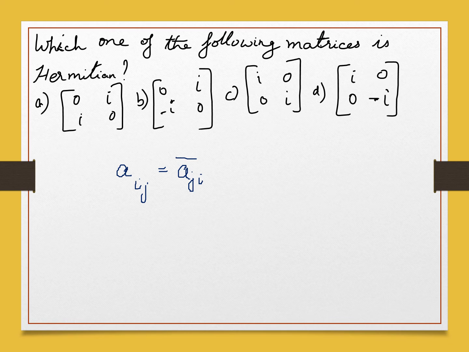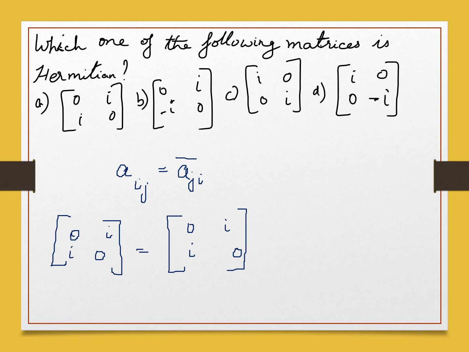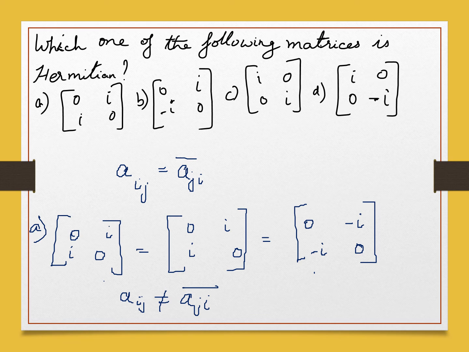So here, if I take the first matrix, 0, i, i, 0, and take the conjugate, conjugate means we have to put opposite signs in the imaginary terms. So it will become 0, minus i, minus i, 0. So this term is not equal to this term. aij is not equal to aji bar for matrix A.